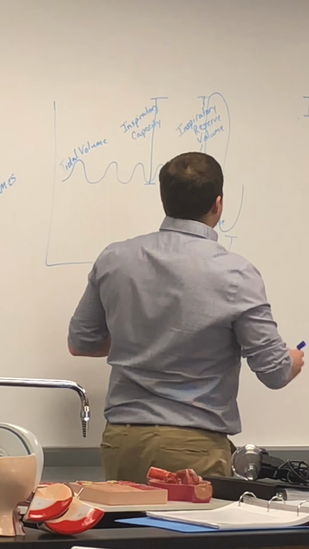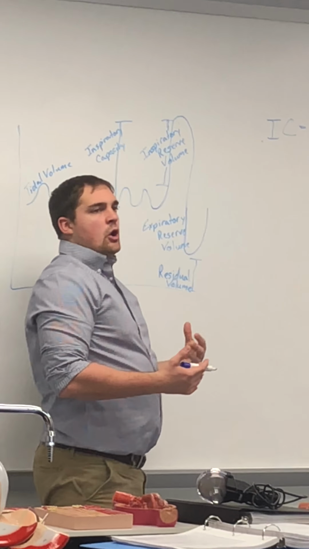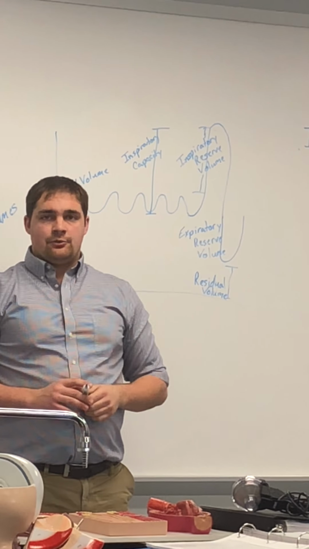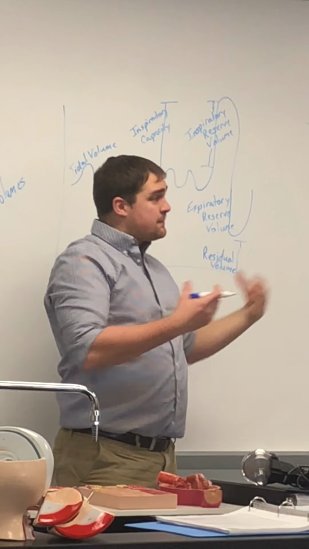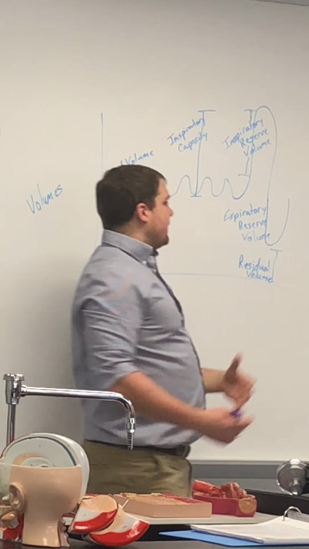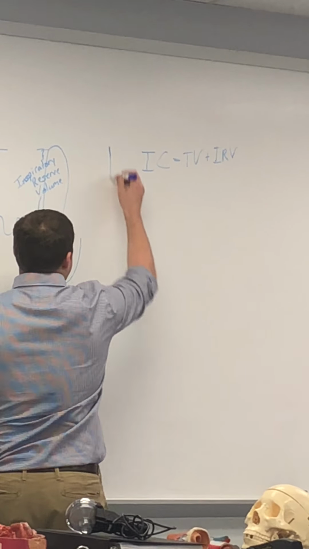Now if I said I wanted to assess all the air that we can physiologically interact with, so everything that I can inspire, everything that I can possibly expire, we call that our vital capacity.